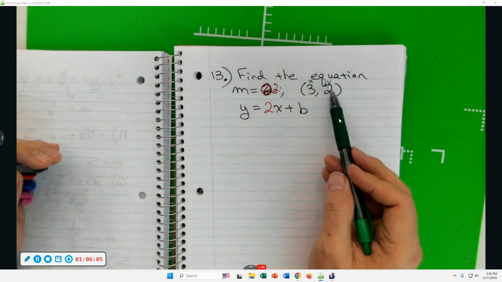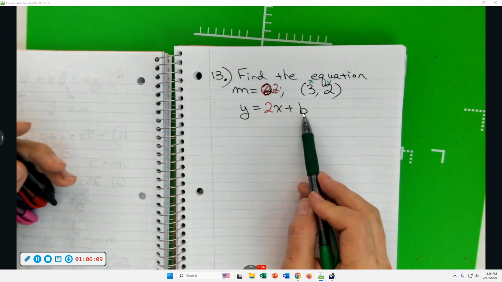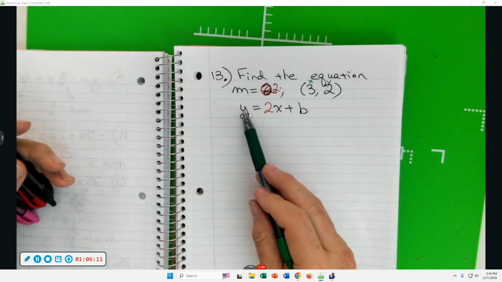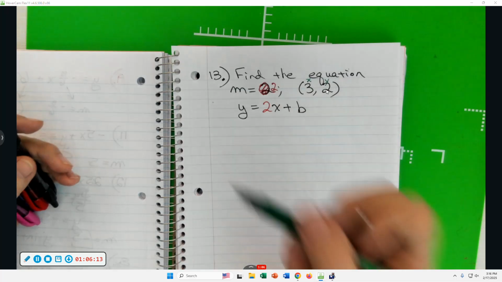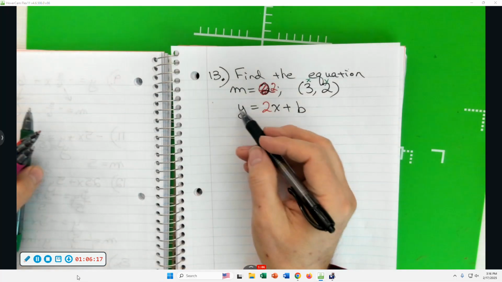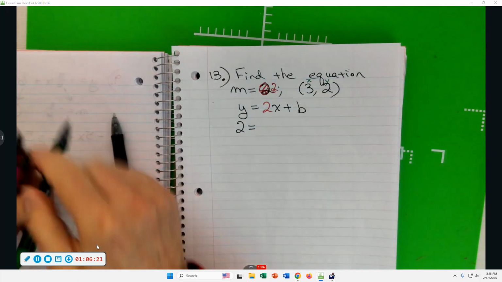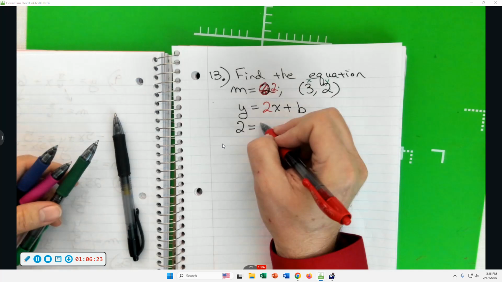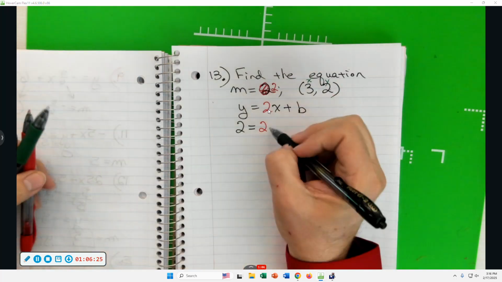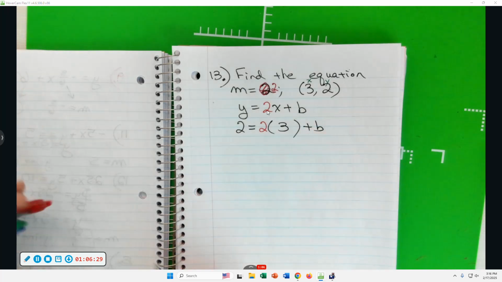Well, we could plug in y and x and solve for b. Let's do that. We're going to replace the y with 2, the black 2. So 2 equals 2 times, what's the x value they gave us? 3.